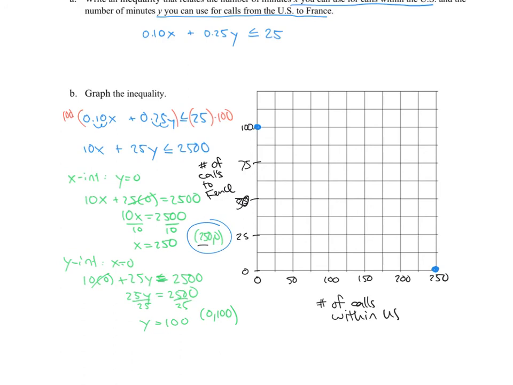Since my inequality does have the line underneath it, less than or equal, I'm going to do a solid line. And since it's less than or equal, I'm going to shade below. So we end up with this part of the graph shaded.